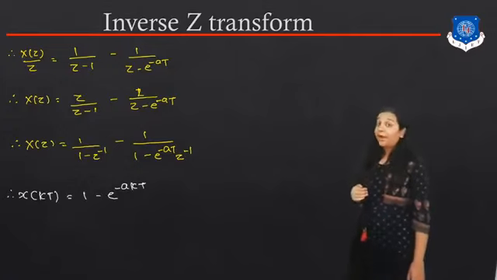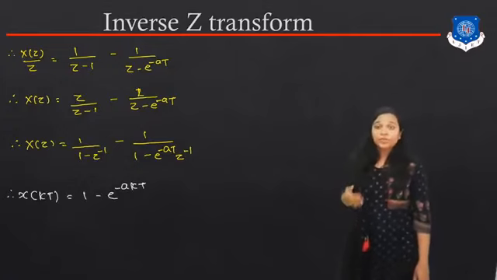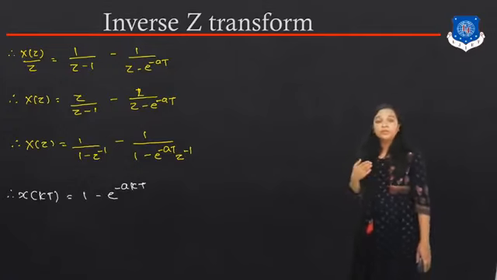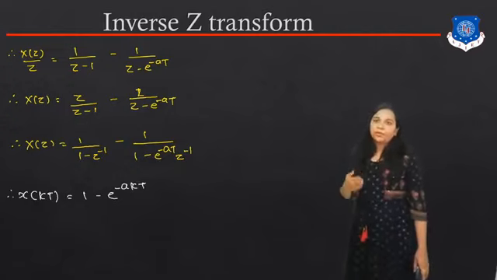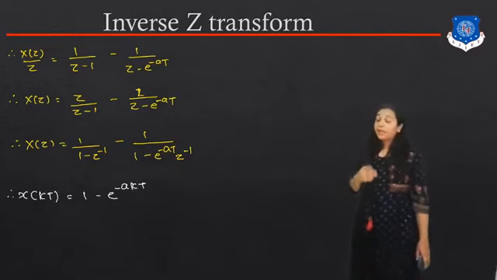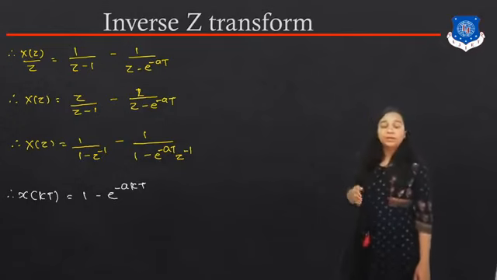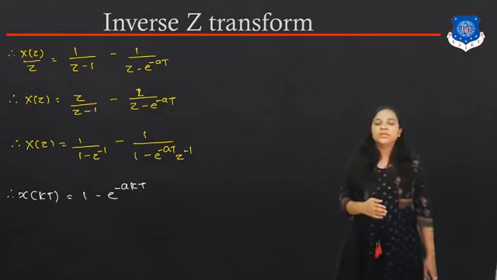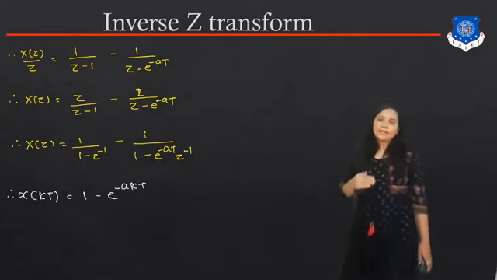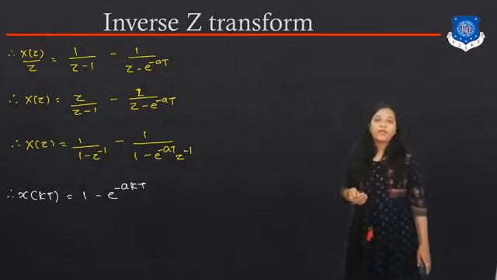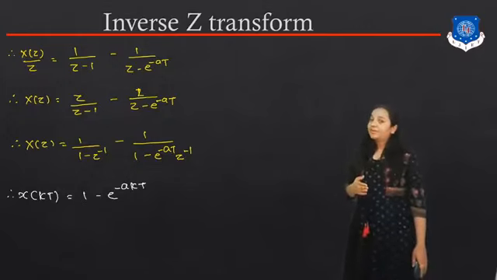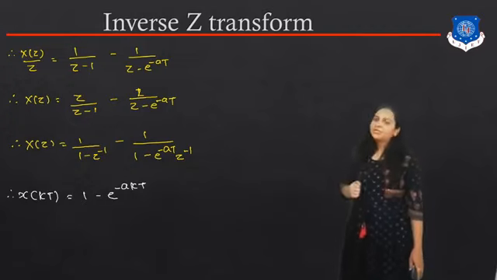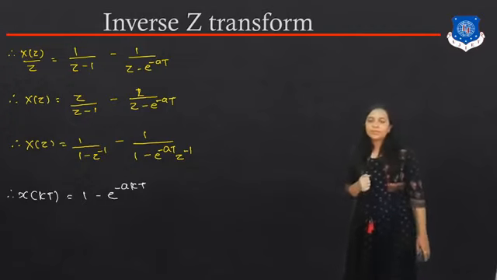Now we have to find the value of x of kT. So we have to find the inverse of 1 upon 1 minus z inverse. As you know, the z transform of the unit step function is z upon z minus 1, so the inverse of z upon z minus 1 is the unit step, and the value of the unit step is 1.